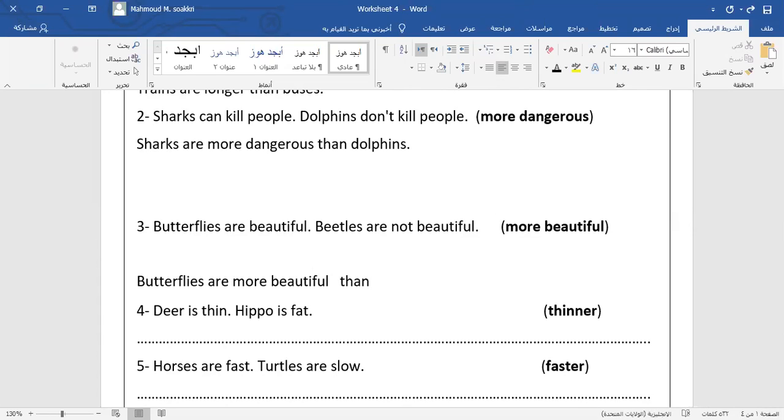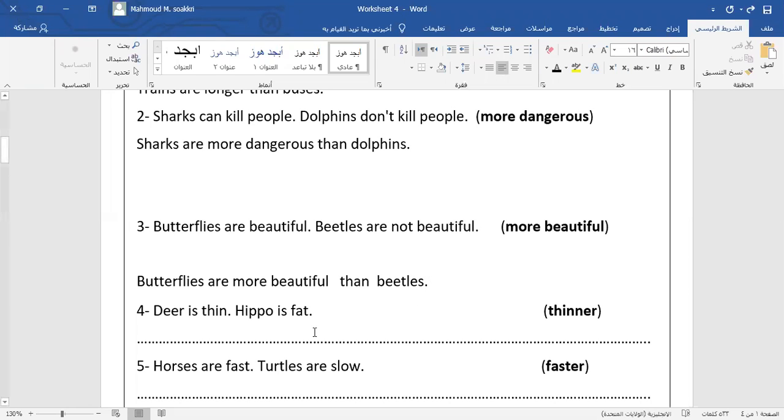Part 2 is the second insect I am comparing with. I am comparing butterflies, part 1, with beetles, part 2. So after than, I put part 2. What is part 2? Beetles. Thank you, Muhammad Hilmi, thank you very much.